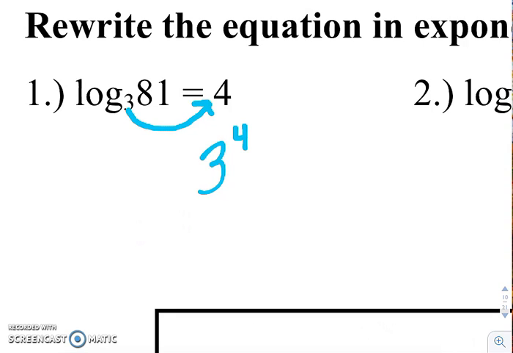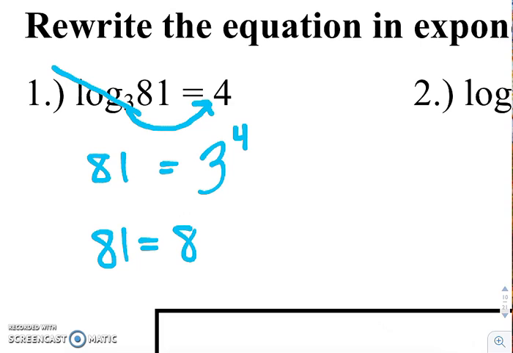Whatever was on that right is now the exponent. That is the inverse, or how we undo logs, and we're left on that left-hand side with just 81. So is 3 to the 4th power 81, 3 times 3 times 3 times 3? Yes. So the base of your log comes over, becomes the base for your exponent.